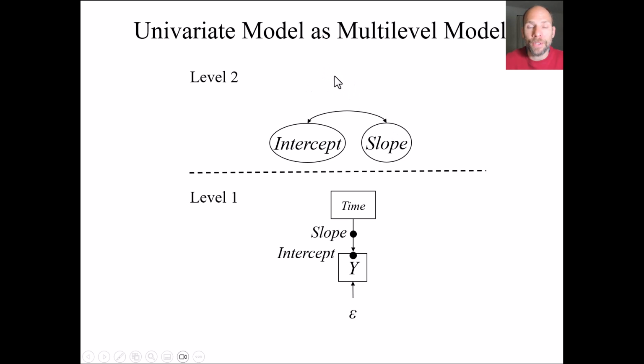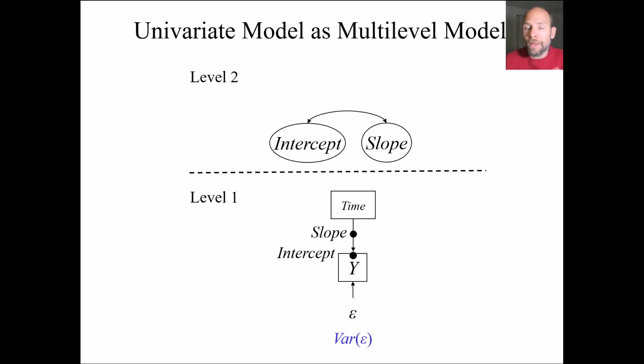So then there would be a conditional model where you could have level 2 equations in which you could regress the intercept factor and or the slope factor on level 2 predictor variables such as gender, for example. So in summary, we estimate in this model specified as a multi-level model at level 1 only the variance of epsilon, and of importance within this framework, the implicit idea is that the variance of epsilon is set equal across time.